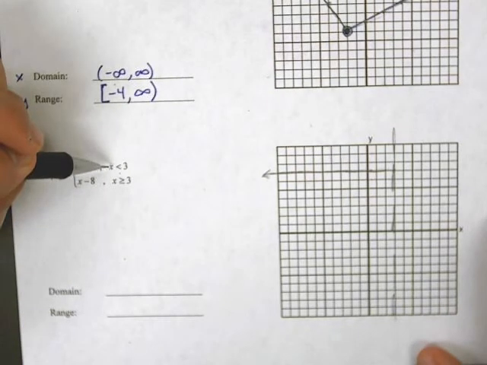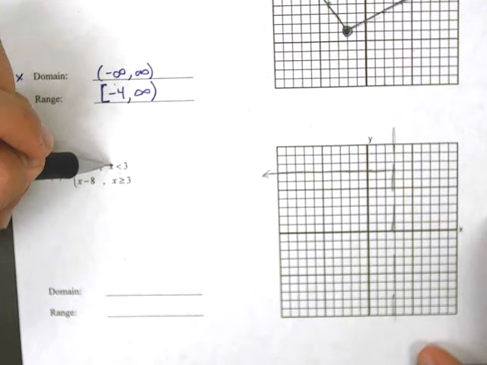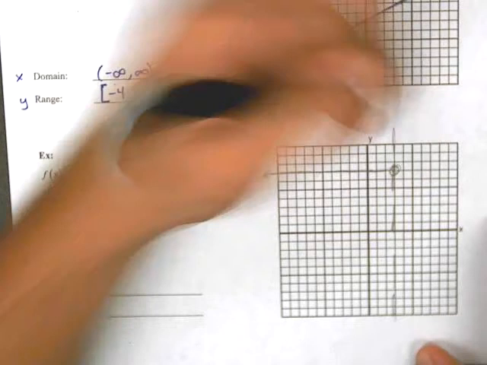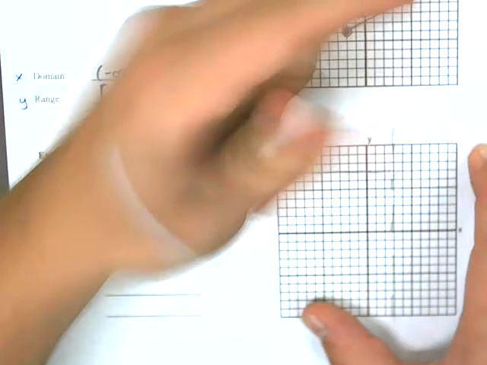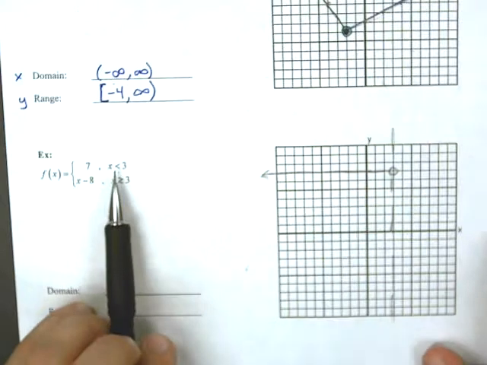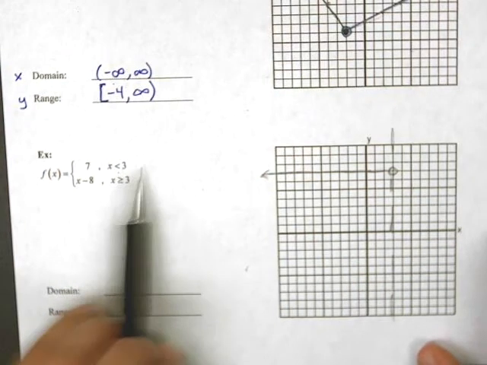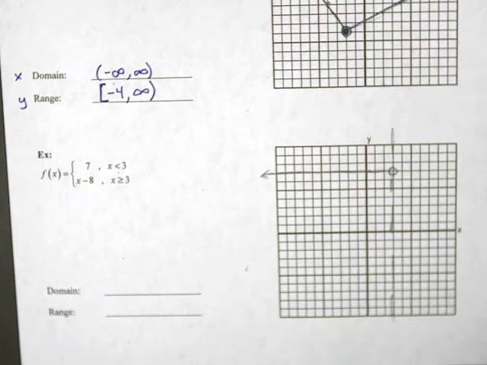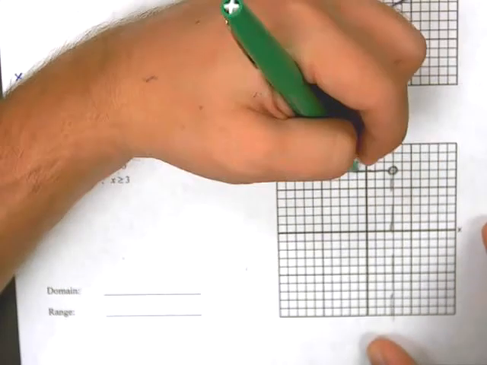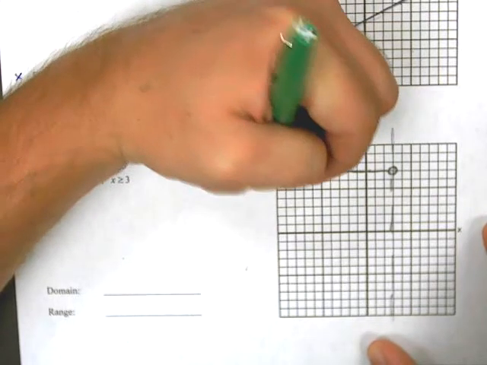Is it going to be open or closed? It is going to be open, right? It is going to be open because x is not actually hitting 3 from the first piece. So I would just sketch this from the boundary point to the left.